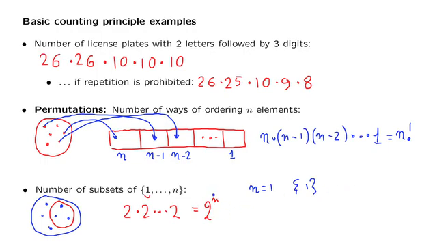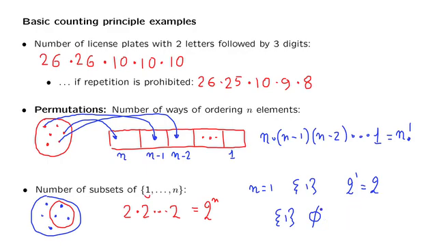According to the answer that we derived, this should have 2 to the first, that is, 2 subsets. Which ones are they? One subset of this set is the set itself, and the other subset is the empty set. So we do have indeed 2 subsets out of that set, which agrees with the answer that we found.